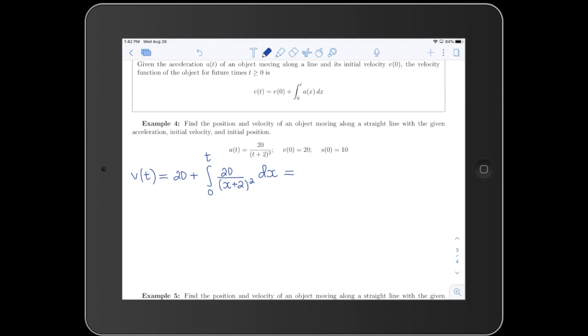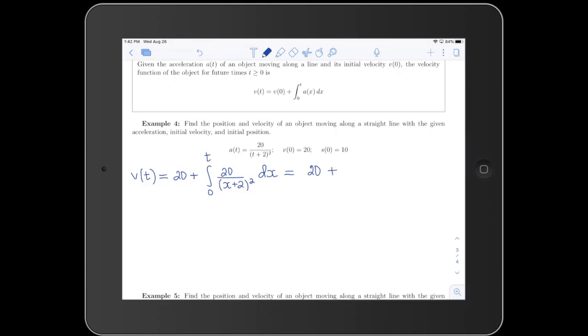Then what is it? The next natural step to try is u substitution, and u substitution in this case will work. Okay, you can work out the steps. X plus 2 would be your u. Okay, once you work this out, you're gonna get 20 plus negative 20 over x plus 2.